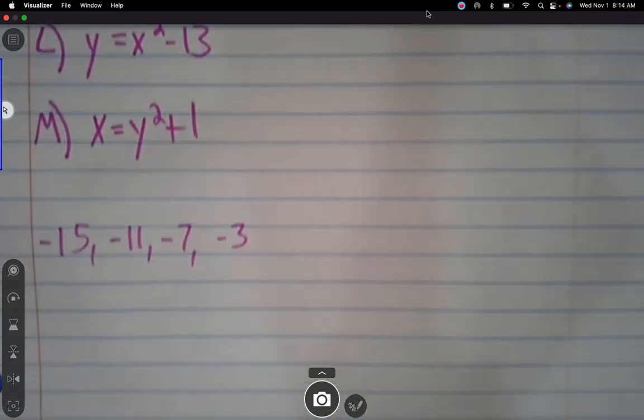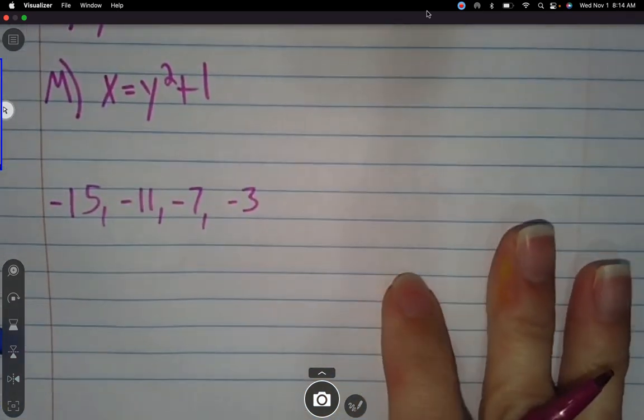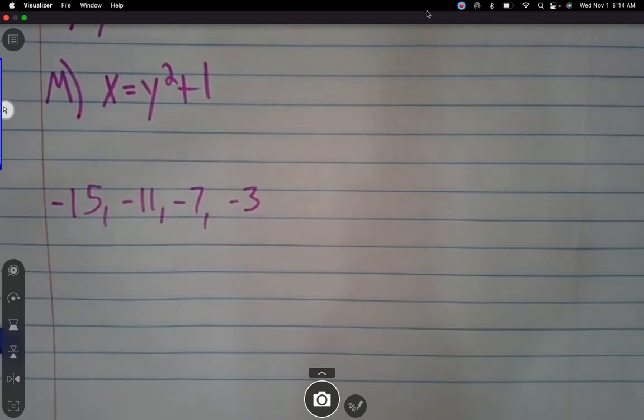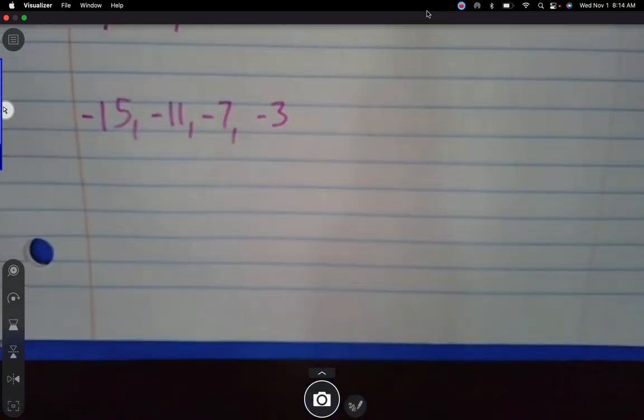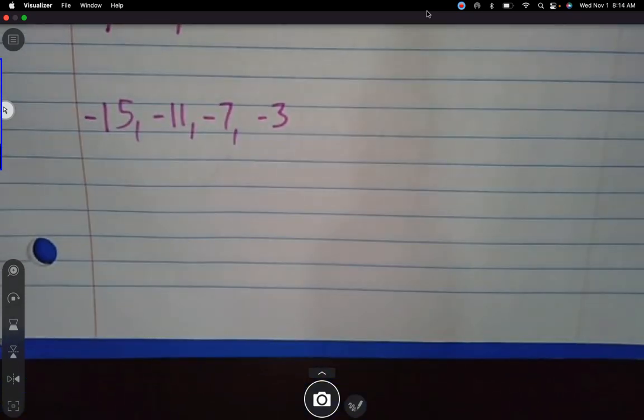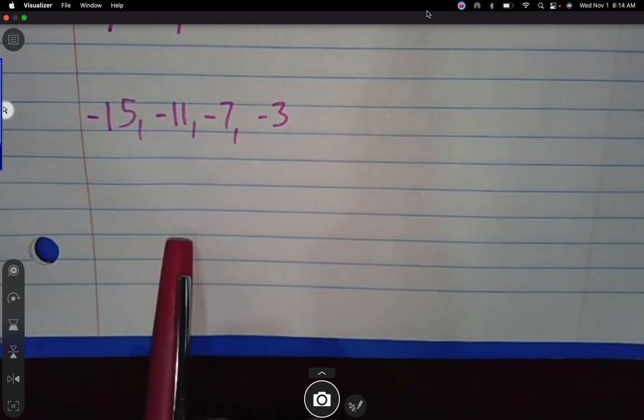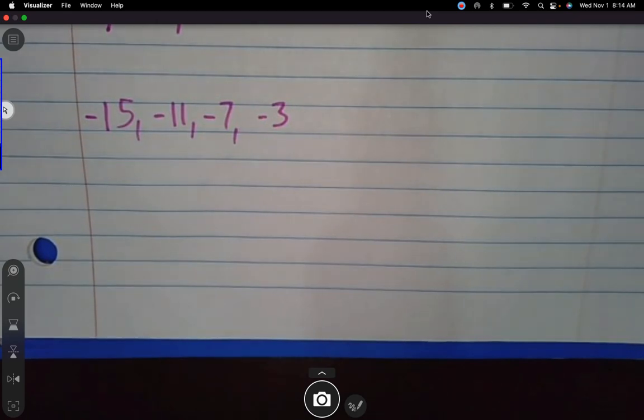It says, what's the pattern? Like, what are you doing to get to the next number? And then what are the next two numbers? So what did I do to go from -15 to -11? I added 4. And let me check it each time. If you're not sure, try it out.